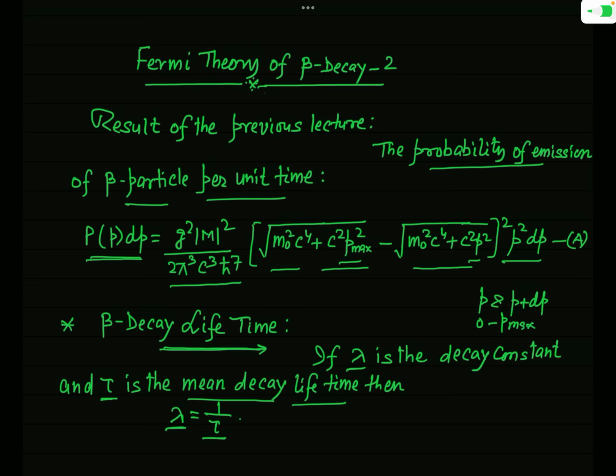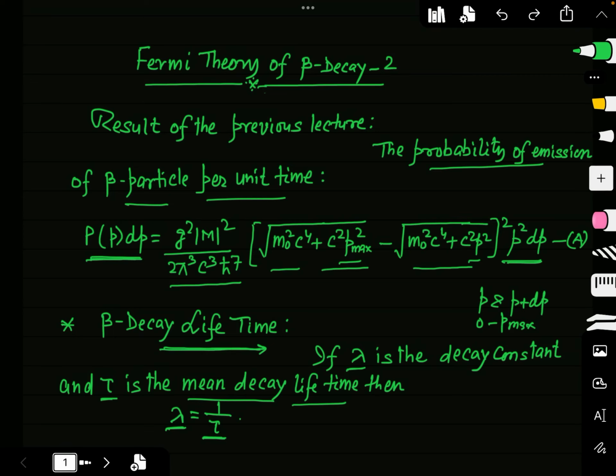To get this total rate of probability of emission, we will simply integrate this result defined in equation A for the limits p equal to 0 to p equal to p_max. So just integrating this P(p)dp between the limits 0 and p_max, you will get the value of lambda. And if you get the value of lambda, you can define the mean life, that is tau.